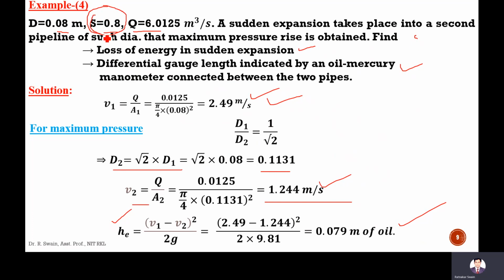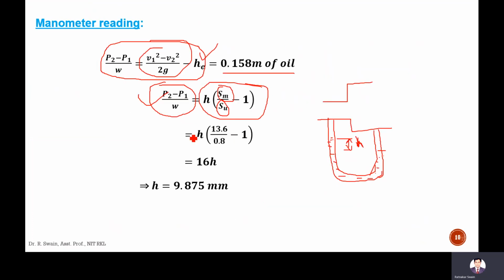This is the specific gravity of the oil which is flowing in the pipe. So 0.8 is given, minus 1. So it is 16 H. So H is 0.158 divided by 16, which is in meter. So in mm, if you convert, it will be 9.875 mm. Okay, so this much. Thank you so much.